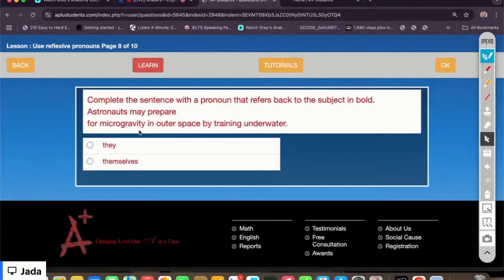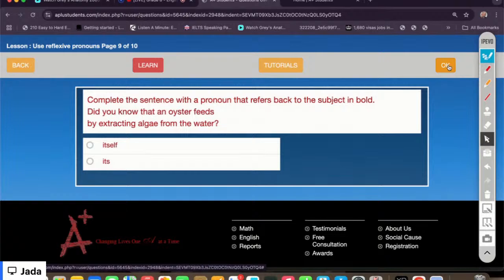Astronauts may prepare themselves for microgravity in outer space by training underwater. So, what do you think? Tell me. So, themselves, right?